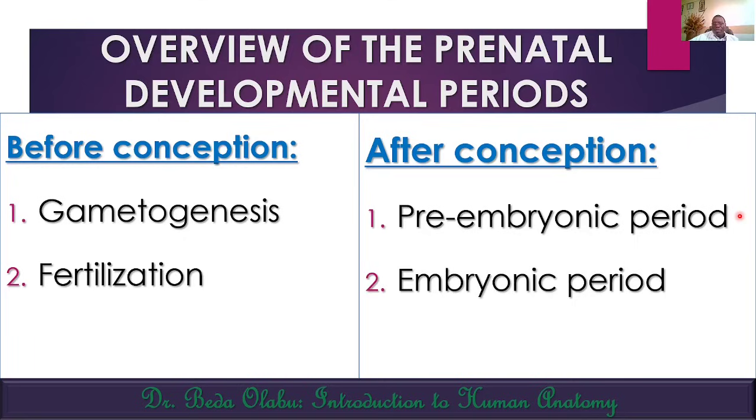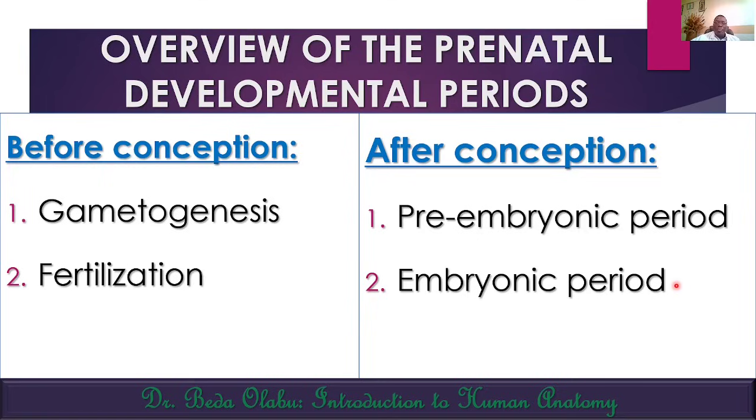The period from the 3rd to the 8th week after fertilization is known as the embryonic period of development. The embryonic period of development is an important period because this is the period when the body organs actually form.